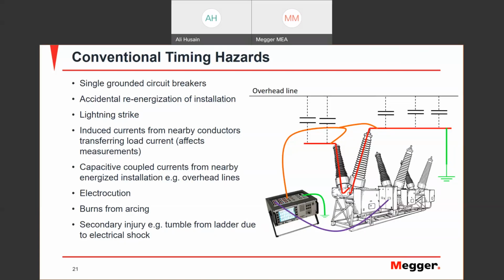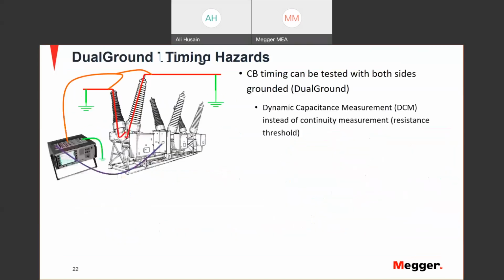So doing conventional timing for these high voltage situations is not recommended. If only we could do the test in an even safer way, by doing the test in a dual ground.